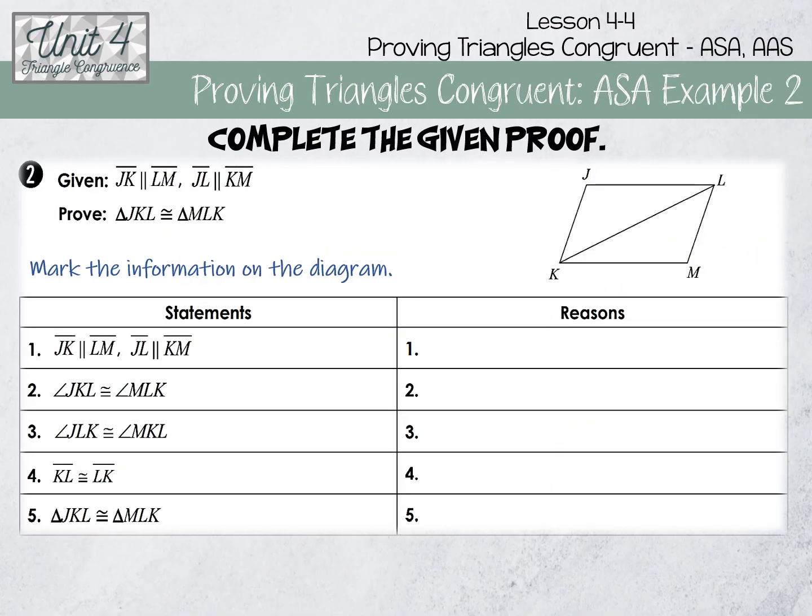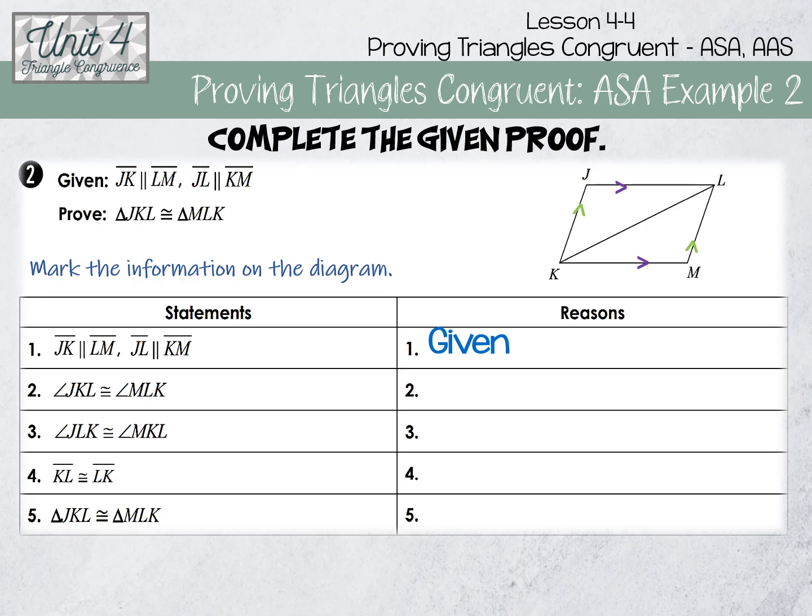Another proof. Complete the given proof. Number 2. Segment JK is parallel to segment LM. Marked it with green arrows. Segment JL is parallel to segment KM. Marked it with purple arrows instead of doing double arrows. Okay, we can figure this out. That is given.